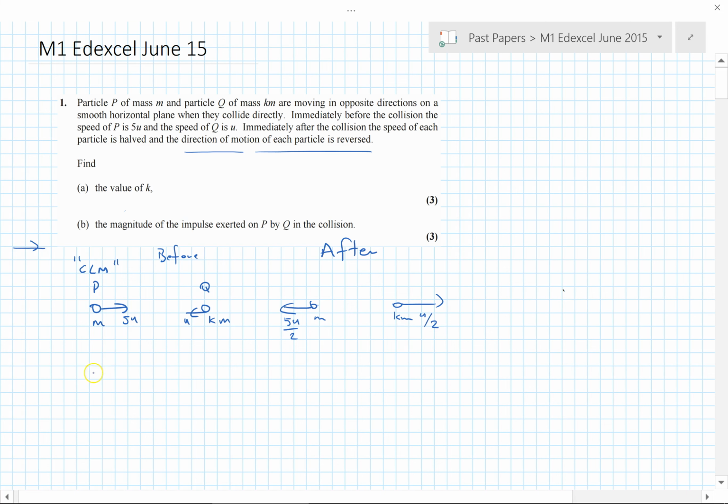So we have m times 5u. For this one, making it positive, whereas the other particle Q here is going in the opposite direction, so that's minus Km times U, equals, this is also going in the negative direction, the particle Q afterwards, so that's minus m times 5u over 2.